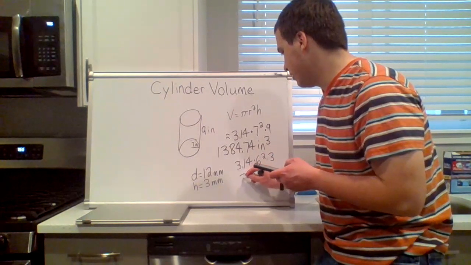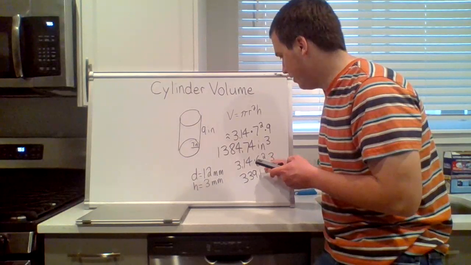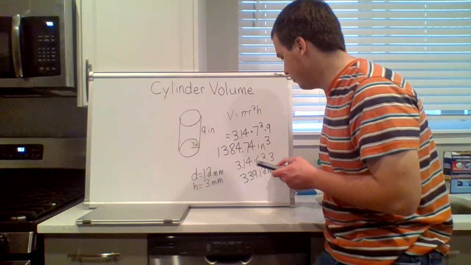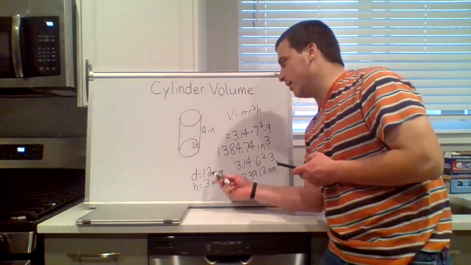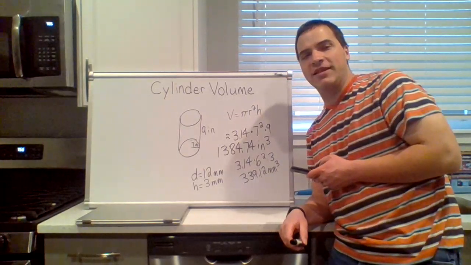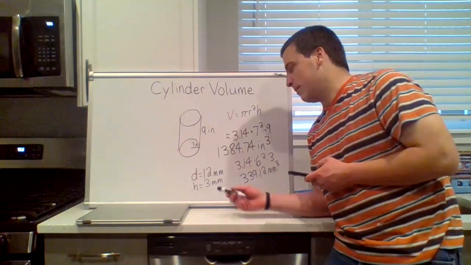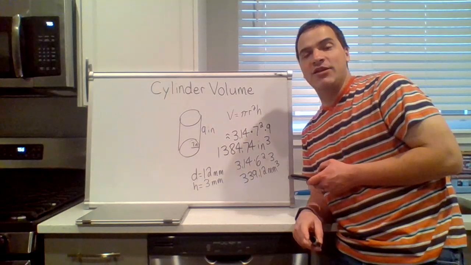And you get 339.12 millimeters cubed. So this container is smaller than this one as far as how many cubes fit inside. Millimeters are smaller than inches as well. So that is how you find the volume of the cylinder.